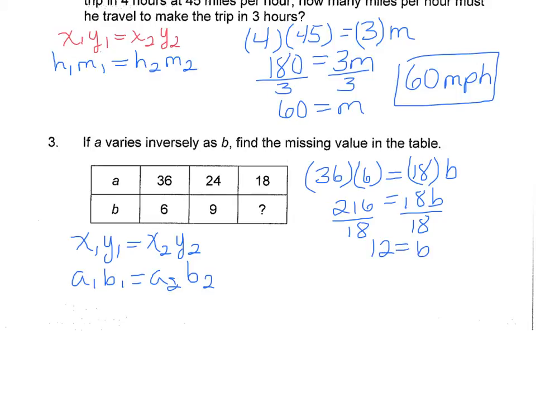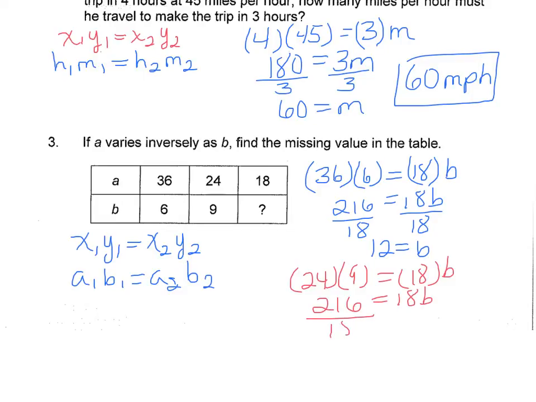Now let's say you didn't use 36 and 6. Let's say you decided for A1, B1 to be 24 and 9. Of course you're going to have to use 18 and the question mark as A2, B2 because you need that to find that question mark. So if you use 24 and 9, you would have had 24 times 9 equals 18 times B. 24 times 9 happens to be 216 also, equals 18B.